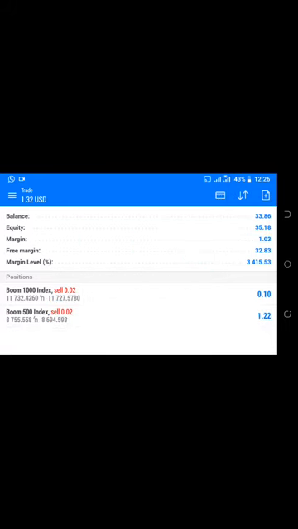A whole lot of people will say 0.02 is too small, and what I often tell them is that if you despise the little that you have, you may not really get the best of the best days. So for any account that is less than 30 USD, use 0.02. If you have an account that is up to 50 US dollars, you can use 0.03.